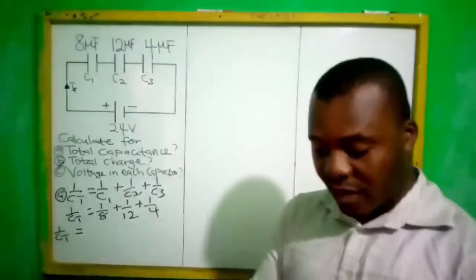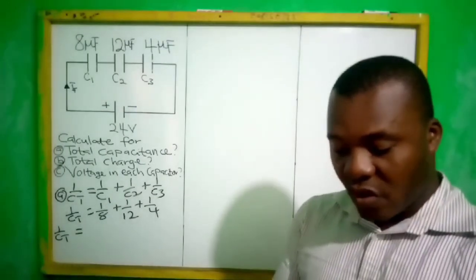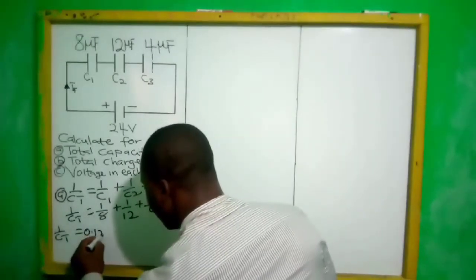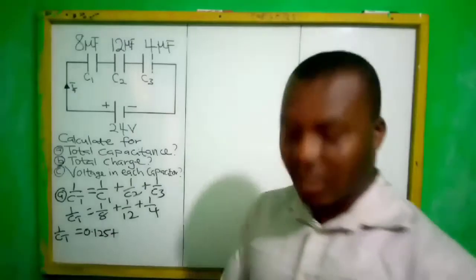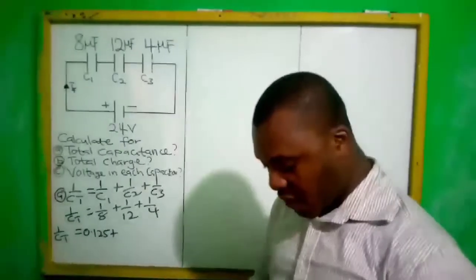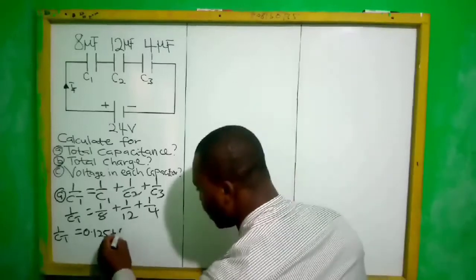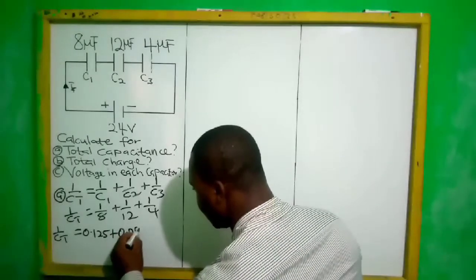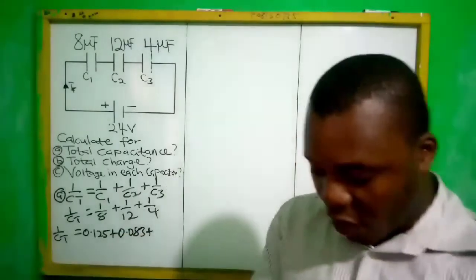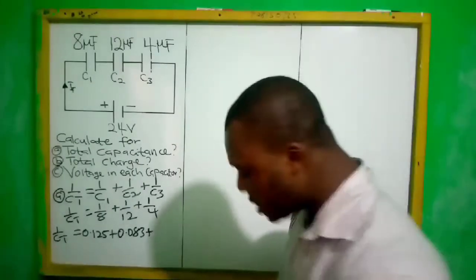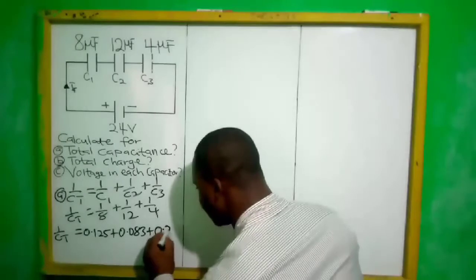1 divided by 8 is 0.125. 1 divided by 12 is 0.083. 1 divided by 4 is 0.25.